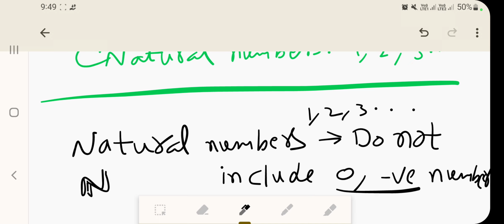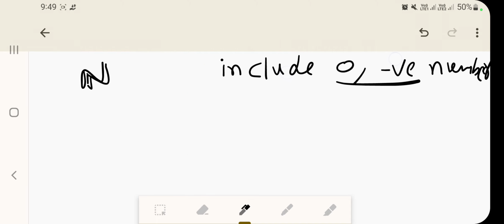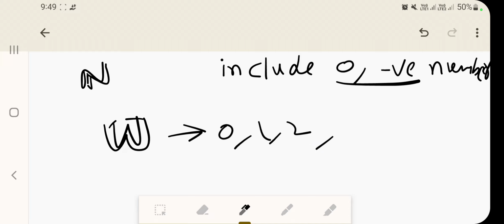Whole numbers, denoted by W, include 0, 1, 2, 3 and so on. Those numbers which include 0 are called whole numbers.